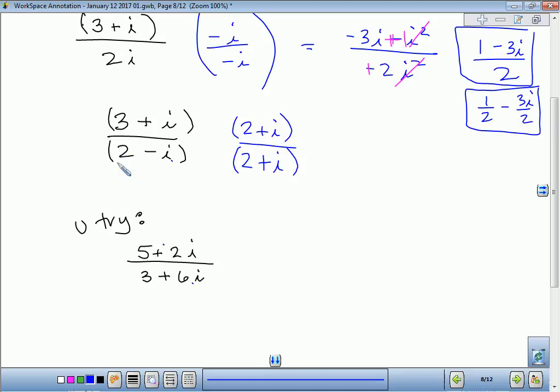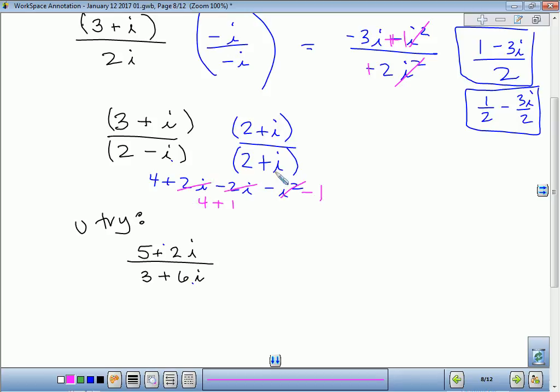Watch. When we distribute, 2 times 2 is 4. 2 times i, 2i. Negative i times 2, negative 2i. Negative i times i, negative i squared. i squared is negative 1. So it ends up being plus, because those cancel.